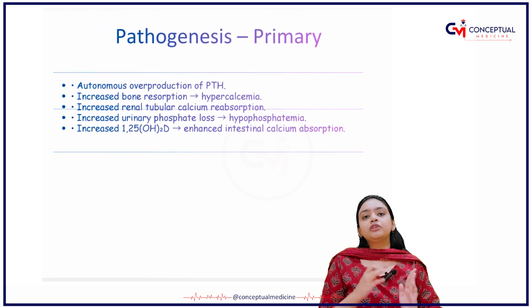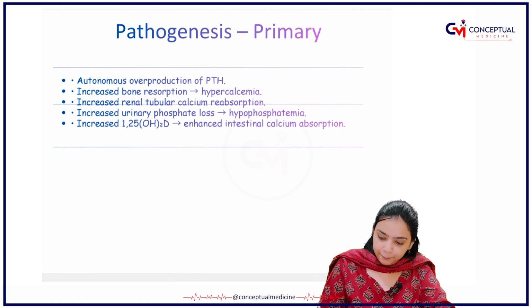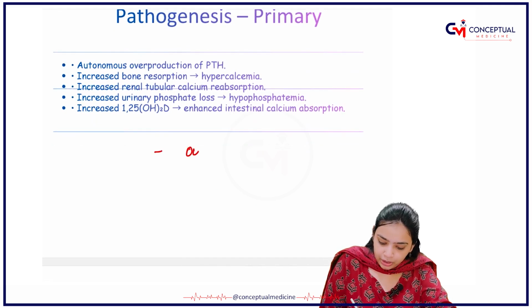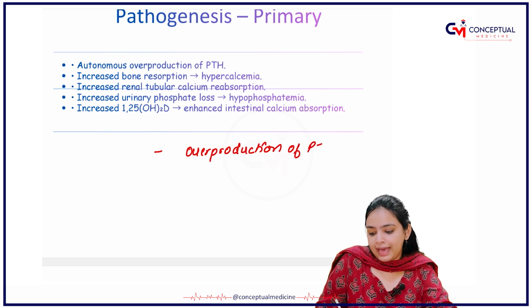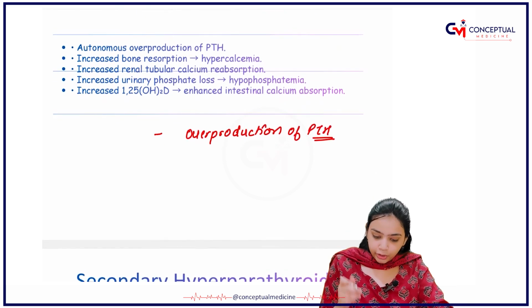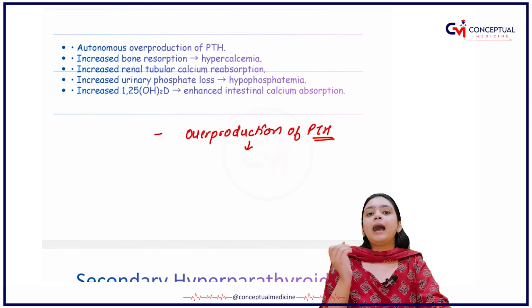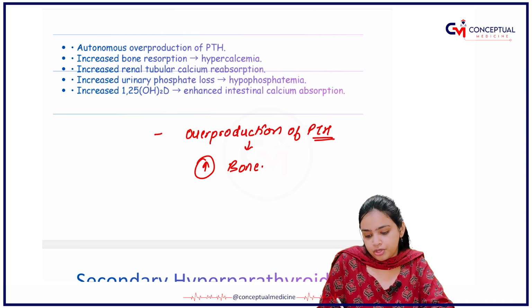Let's see the pathogenesis of the primary one first. In the primary, what you need to remember first is there is overproduction of parathyroid hormone, as a result of which there is an increased level of bone resorption.